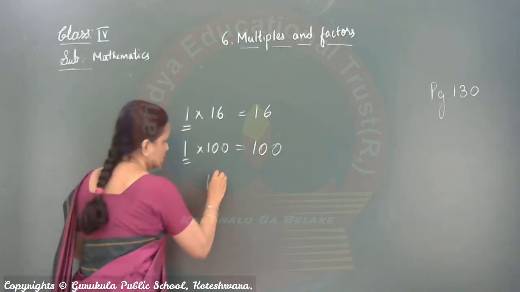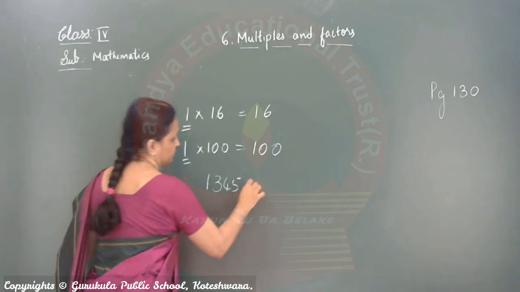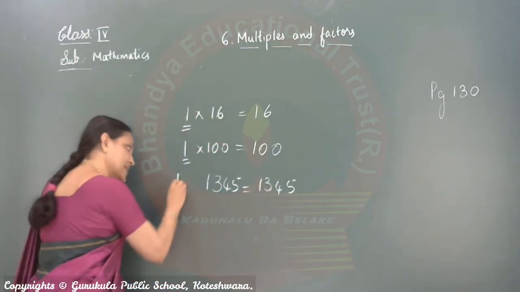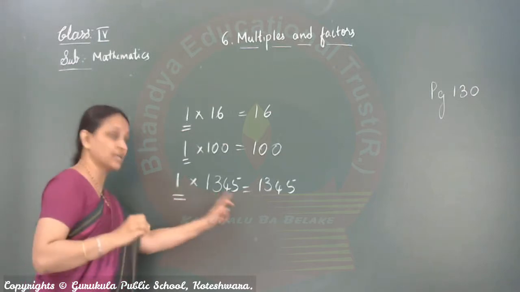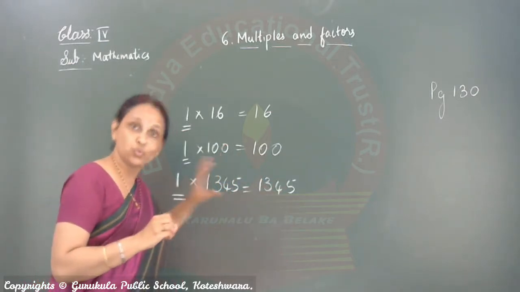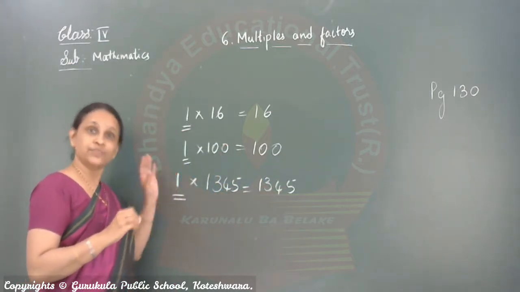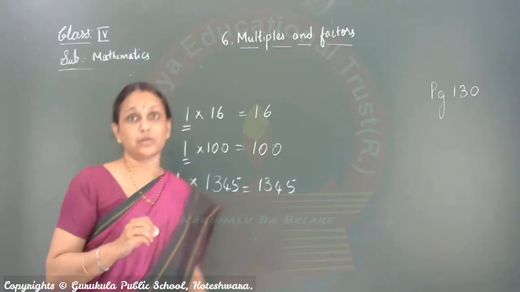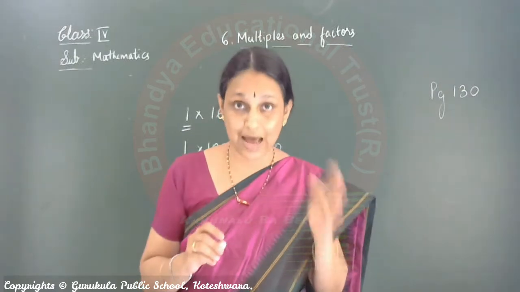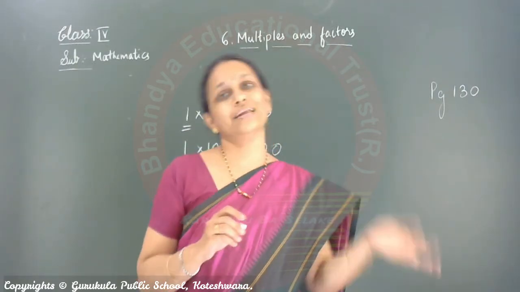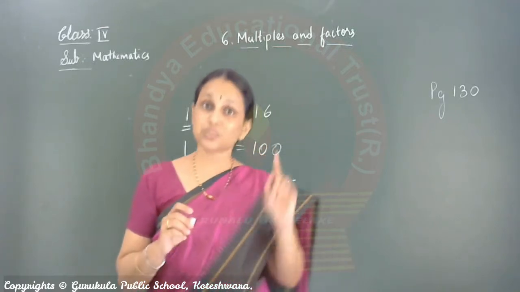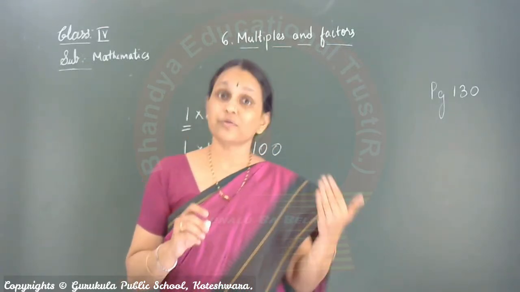Suppose 1345. Will you get 1 as a factor of 1345? Yes. You understood what a factor is now? So, 1 is a factor of every number. Means any number you want as an answer, you can multiply by 1 and get the answer. So, 1 becomes a factor. Got it? This is one of the properties of factors.